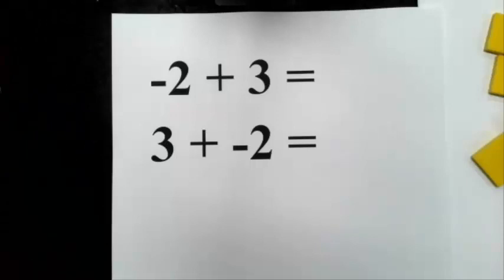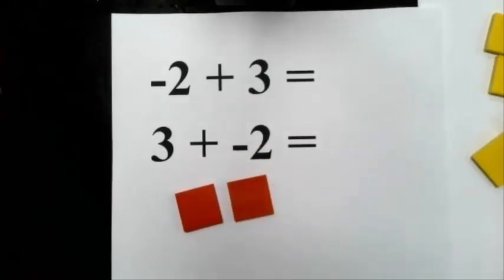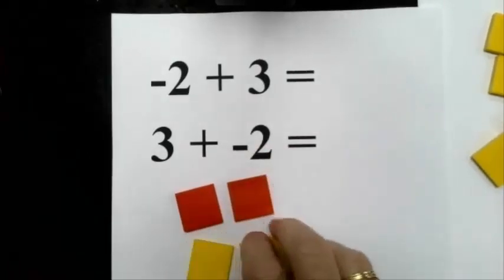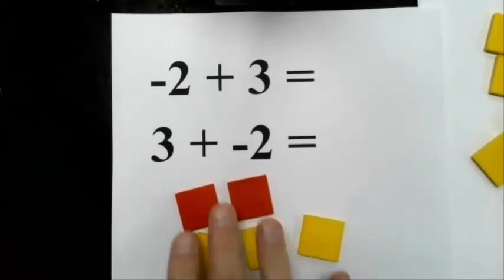Here we have -2 plus 3, or you could possibly see a problem in the order 3 plus -2. With addition, we build both add-ins. One of my add-ins is -2. I have +3 for an add-in. I build both of these add-ins.